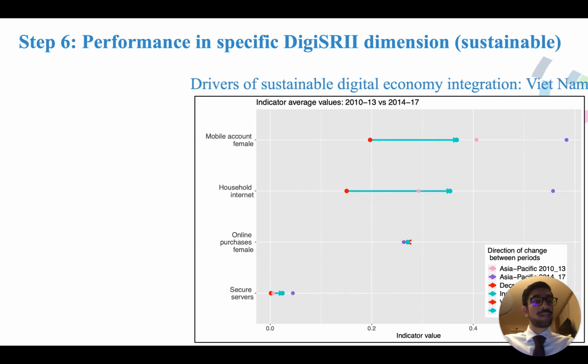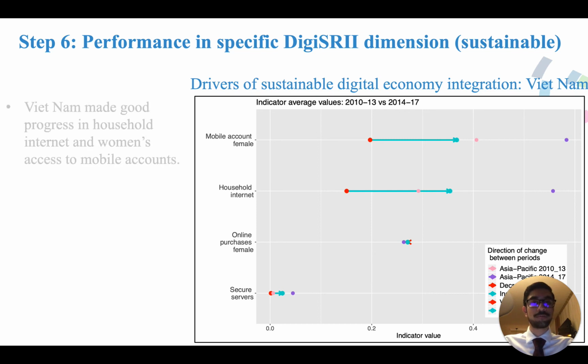While Vietnam made good progress in improving household internet and women's access to mobile accounts, it still lags behind the regional average. More generally, in sustainable digital economy integration, Vietnam's scores are relatively low in most indicators, falling below the regional average.